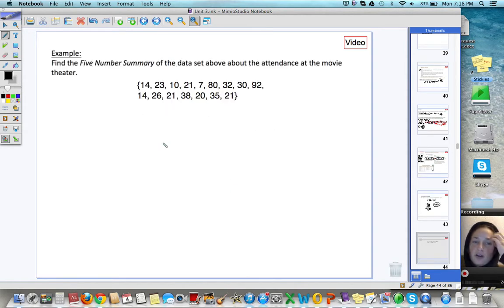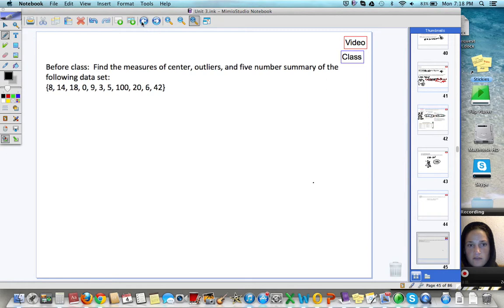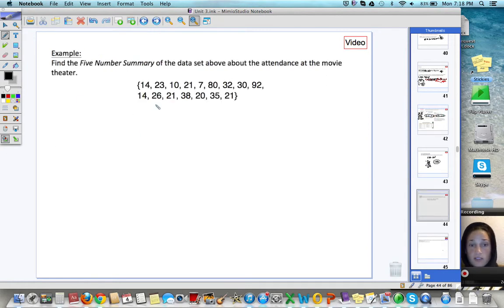All right. So we're going to do the 5-number summary of the data set above about the attendance at the movie theater. The first thing I'm going to do is put these in order, a lot neater though. 7, and remember there were 2 14s.